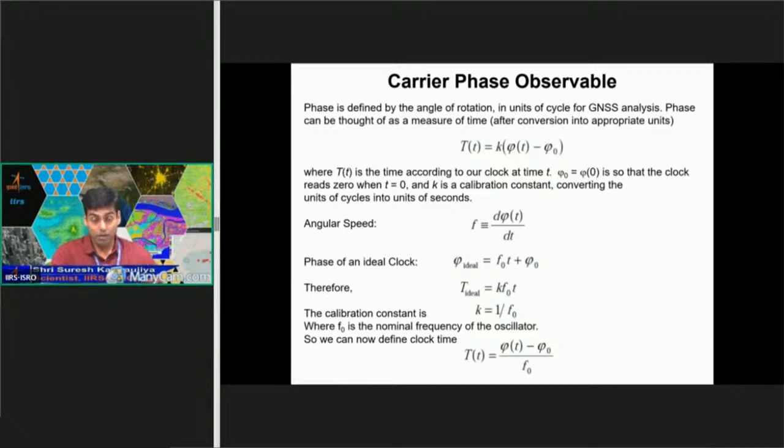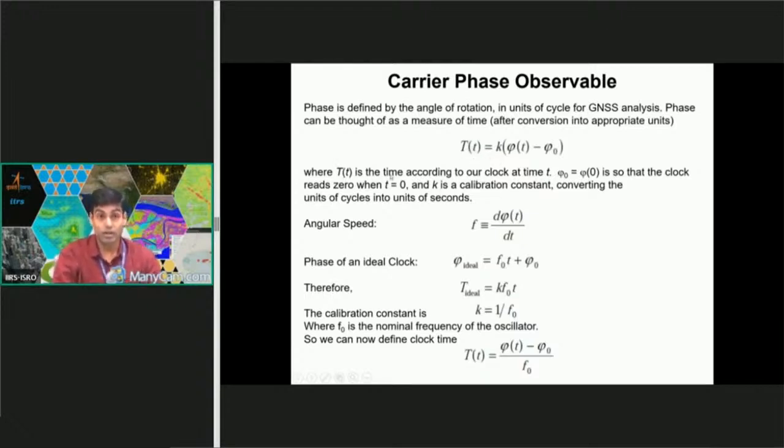When there is a signal going like a carrier wave, it varies in every fraction of a second. This is the formula: phi naught is the phase at time 0, and phi t is the phase at time t, and this is t naught, capital T into small t.